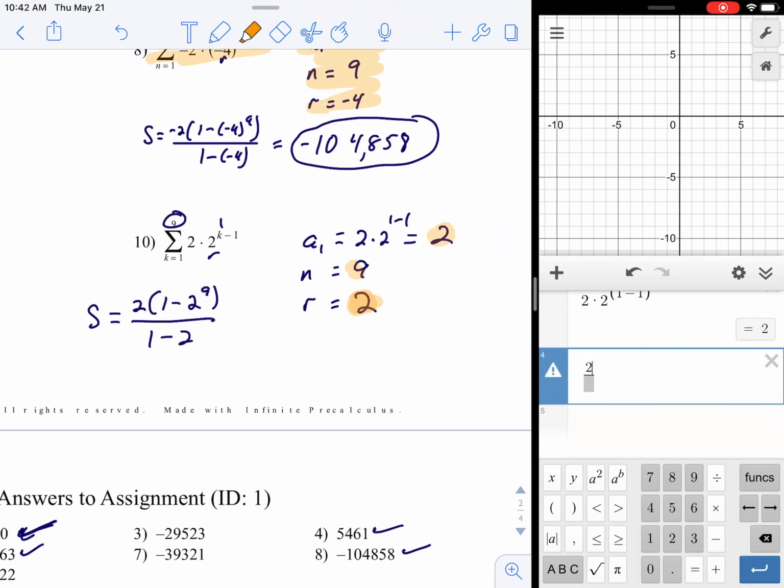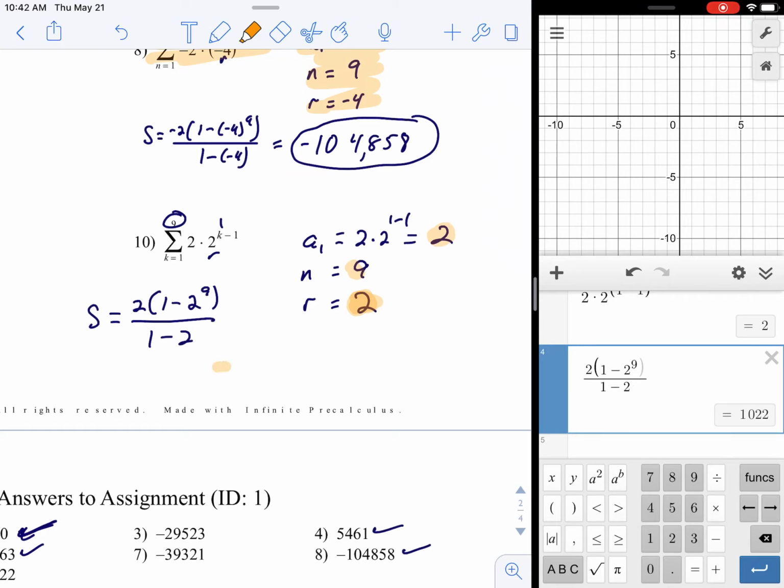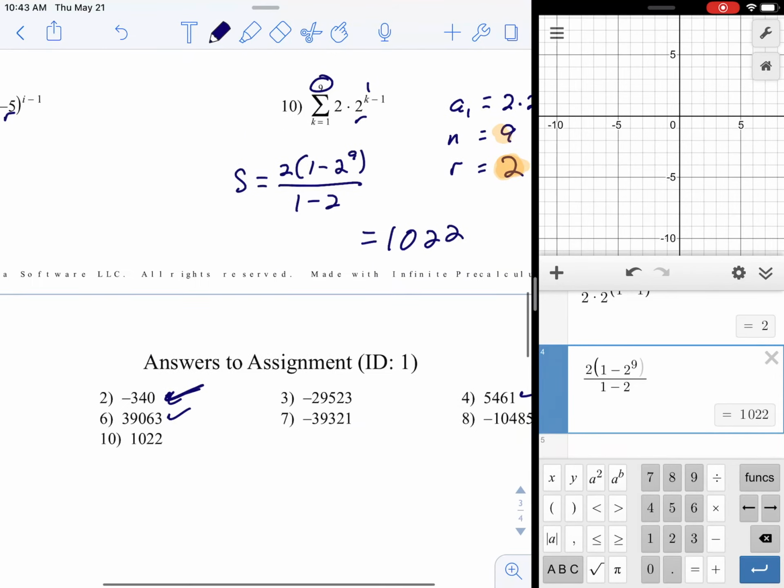So 2 parenthesis 1 minus 2 raised to the 9th, all over 1 minus 2, and I come up with 1,022, and that is the answer.